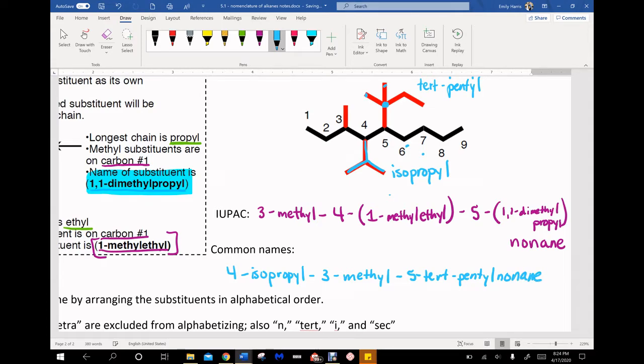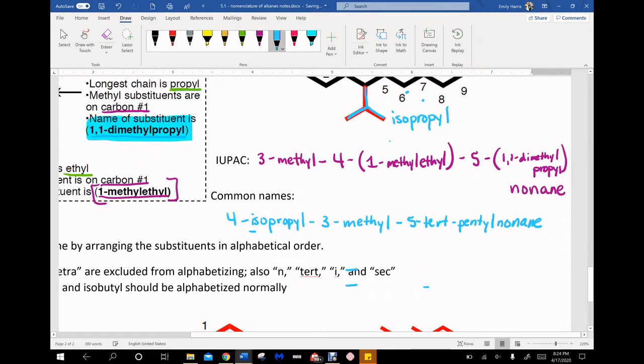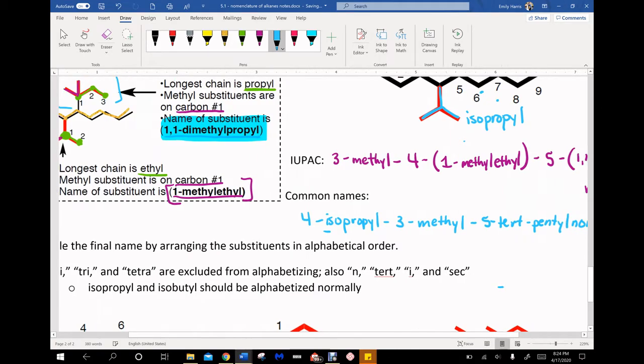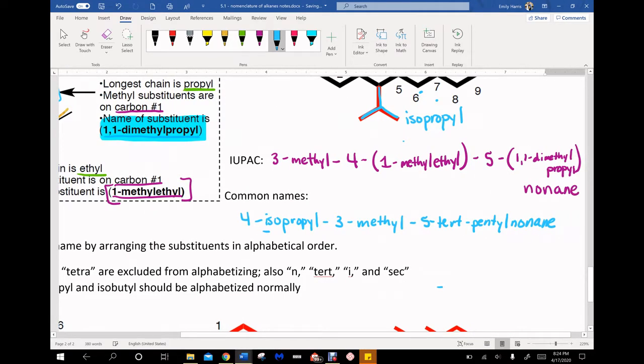All right. If you'll notice, you may be wondering, why did the order swap? What we're doing is naming the order alphabetically. So I before M before the P. Or before the P, and that's because we're about to find out that the tert is excluded when you're alphabetizing.